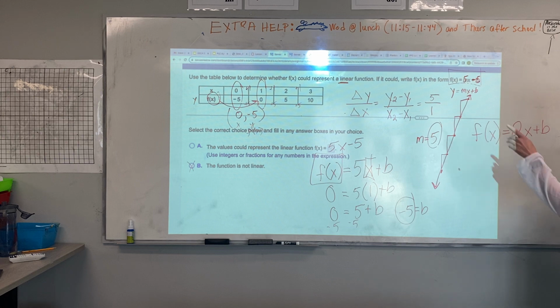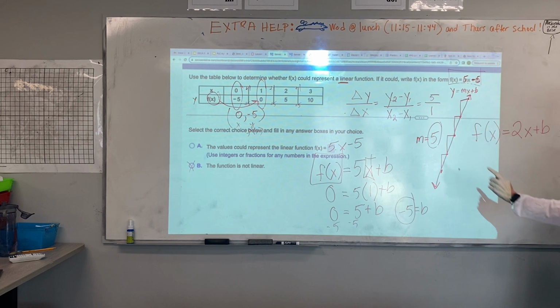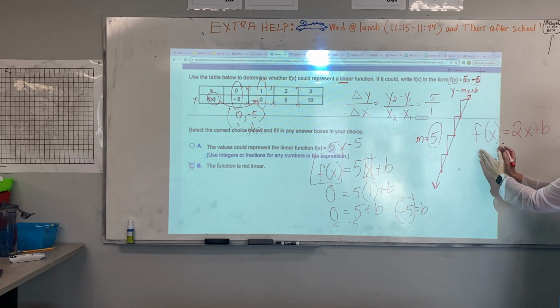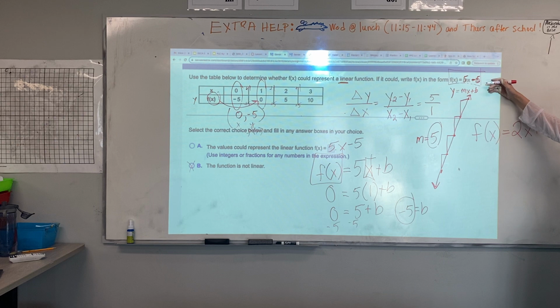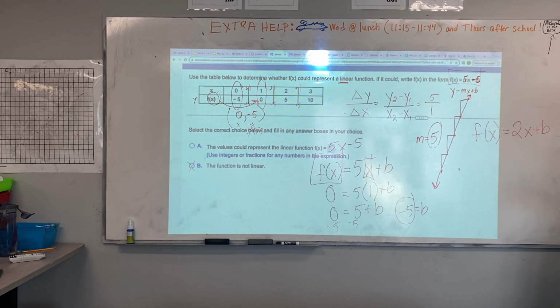So you have to take any coordinate pair from there that you want, plug it in for your x value and your f of x value, solve for b, and then rewrite your function, filling in your slope, which would be 2, and your b value, which would be whatever you get when you plug in your coordinates. You get that? What are your coordinates? Let's plug them in.